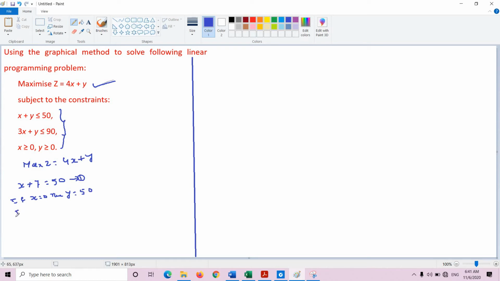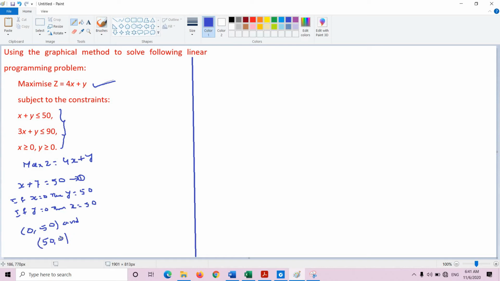And if y equal to 0, then x equal to 50. For this equation, you got two coordinate points, which are 0, 50 and 50, 0.